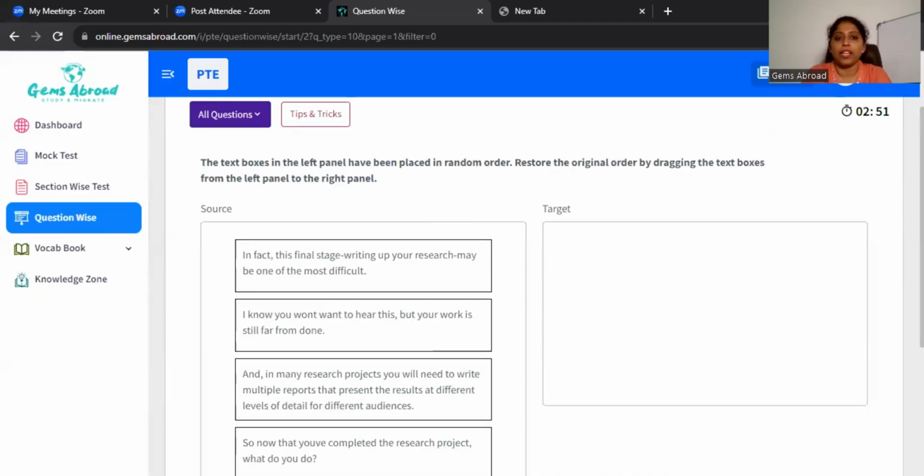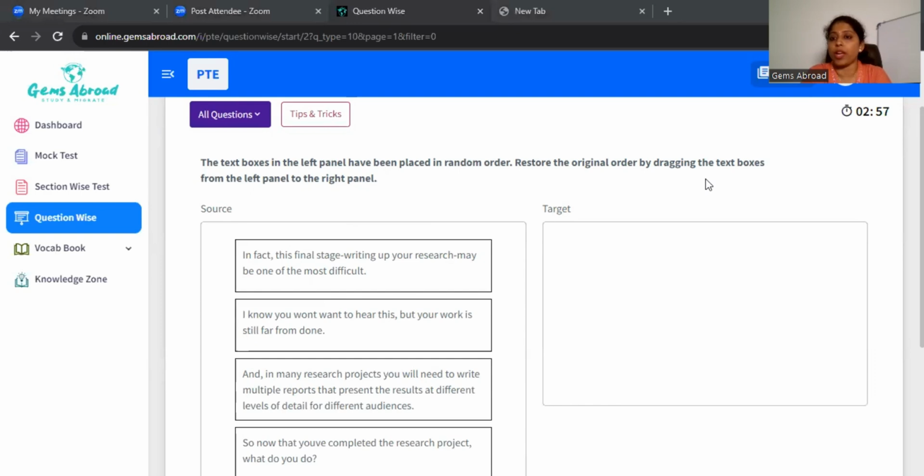Very simple task, and there are some strategies to do your reorder paragraphs. First, I'll show a sample of how reorder paragraphs will look. This is how reorder paragraphs will look. The instructions say: the text boxes in the left panel have been placed in random order.